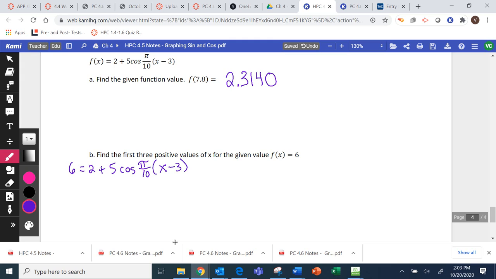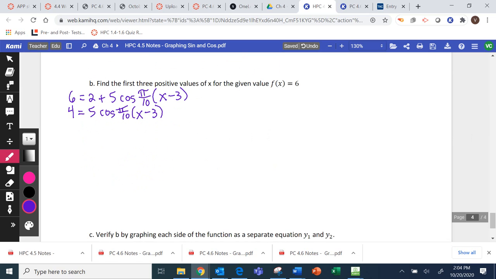I'm going to get rid of the vertical translation. I'm also going to get rid of another vertical thing. What's the next thing I'm going to do? Divide by 5 because we're going to undo that, vertical stretch.